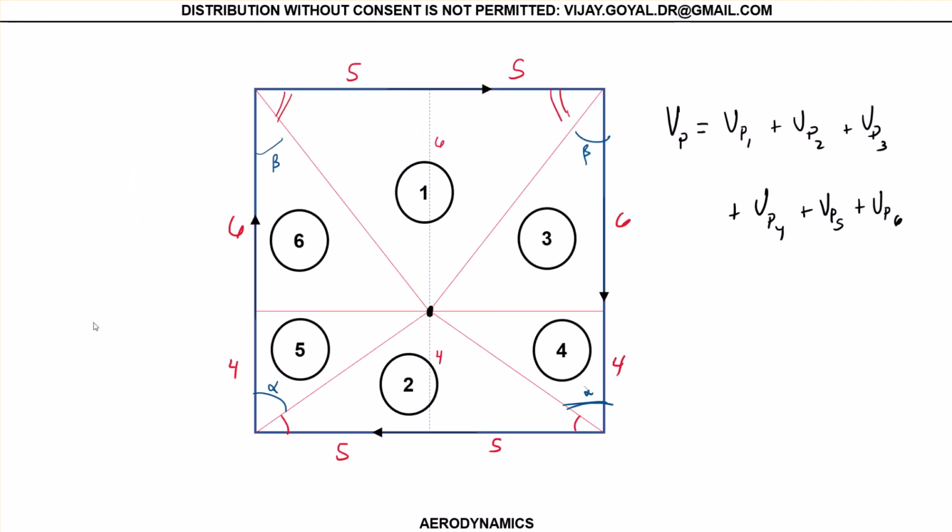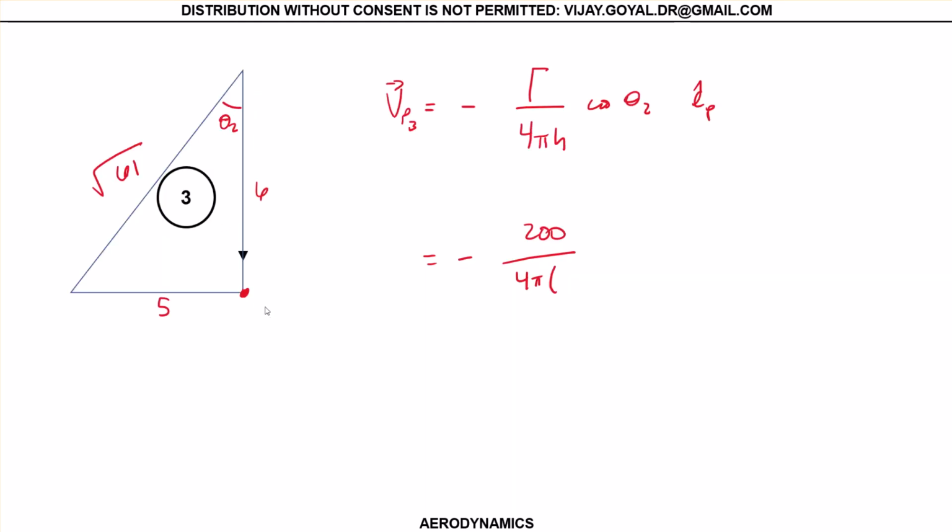We are doing this location, so we are looking for the angle here, and the total distance is 5. As you can see, this is the perpendicular distance. This is 6 over square root of 61 EP. So VP3 will be minus 2.05 EP meters per second.